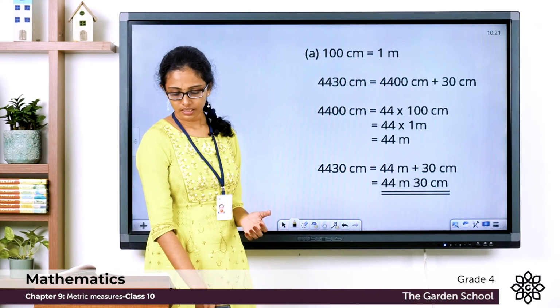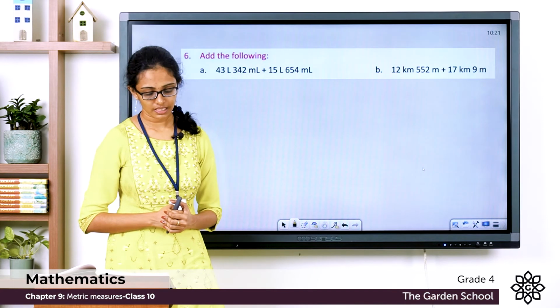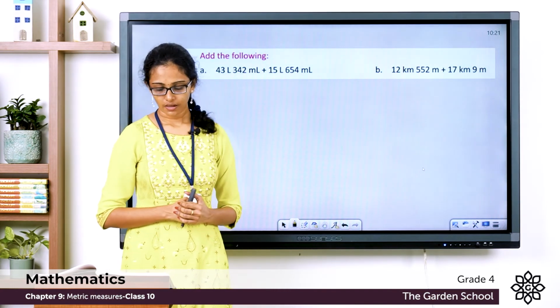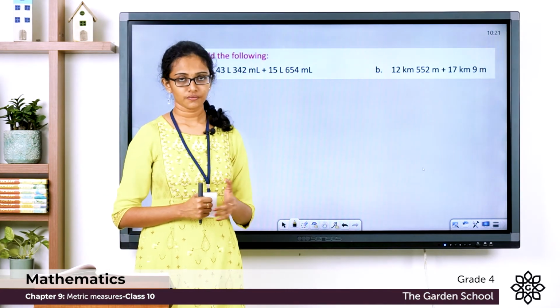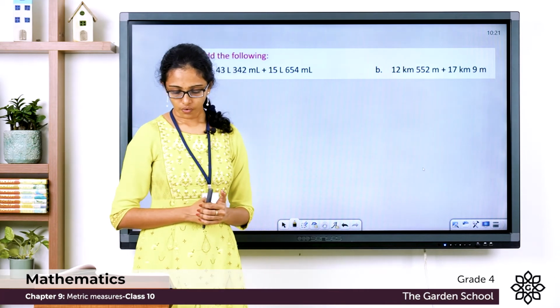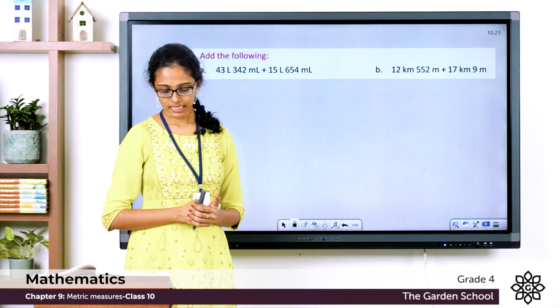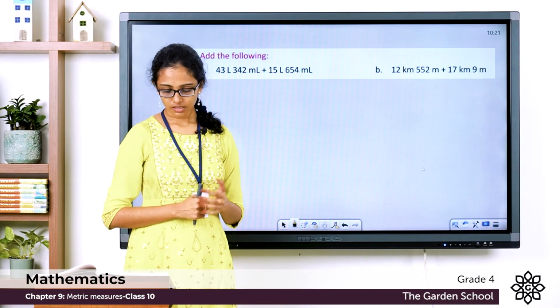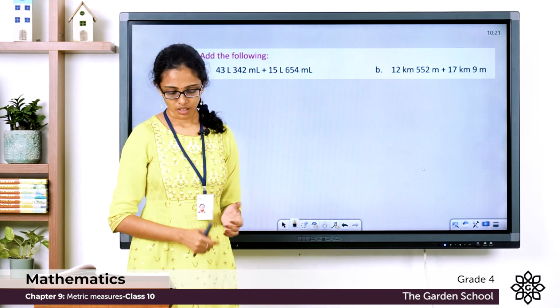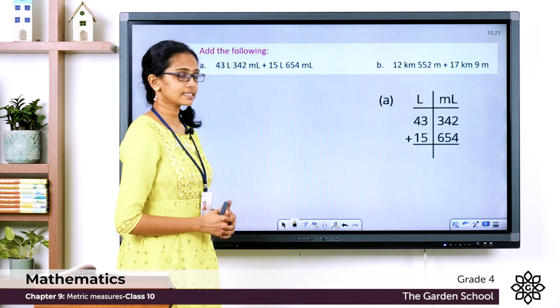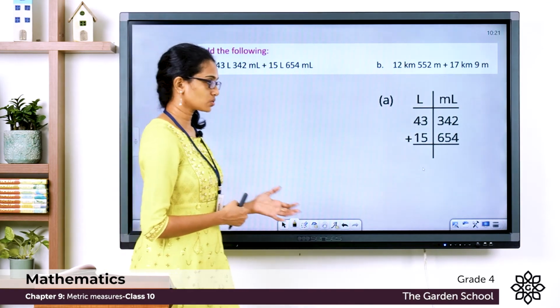Now moving on to the next one, question number 6. Add the following, and you have 2 questions given there. Let's work out the first one now. You have to add 43 liters 342 milliliters and 15 liters 654 milliliters. So after writing them in proper columns of units, let's do the addition.